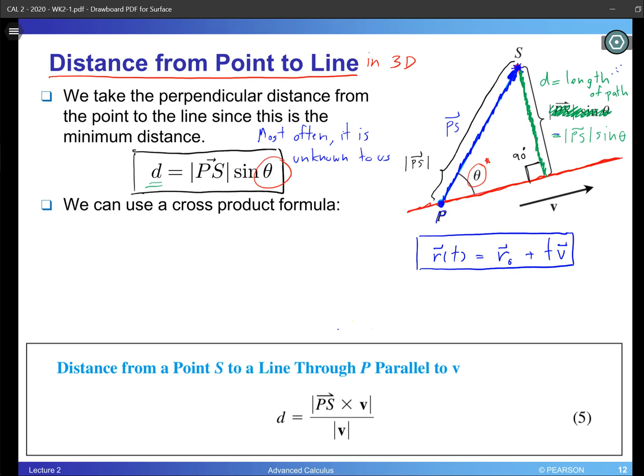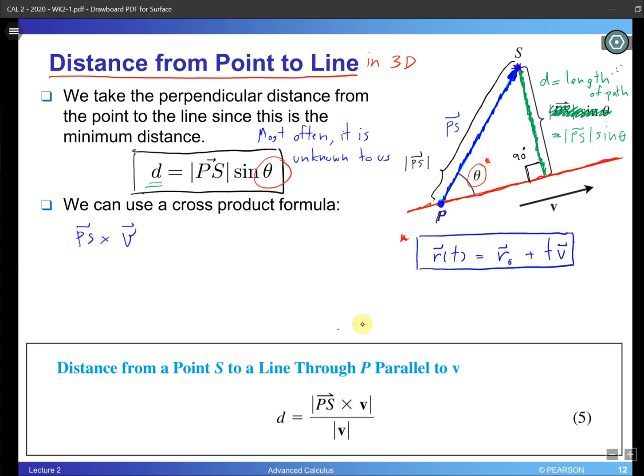So what I'm going to do right here is to change this formula into another form that is easier to use. Alright, so let's take a look here. I'm going to start with the second formula for the cross product. If you can remember, if I take the cross product between vector PS and vector V, oh, by the way, we have this vector equation for the line, right?